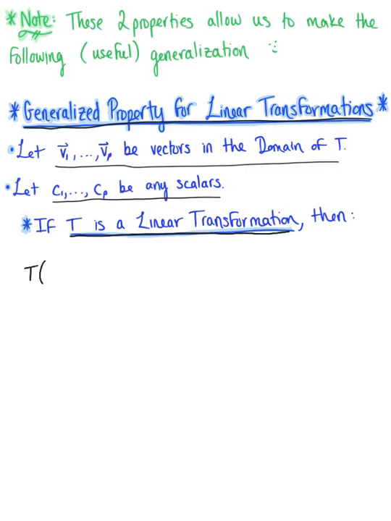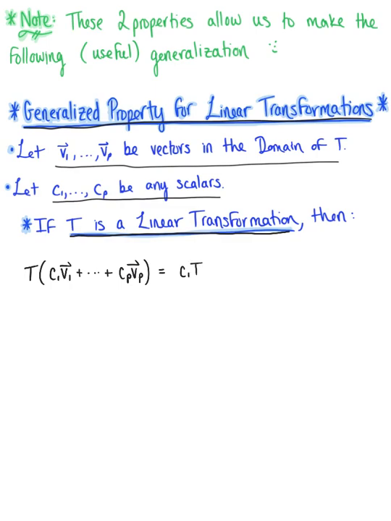So, if T is a linear transformation, then we can make the following conclusion. The image of the linear combination of all of these vectors, v sub 1 through v sub p, under the action of T, is going to be equal to the sum of all the scalar multiples of these images.